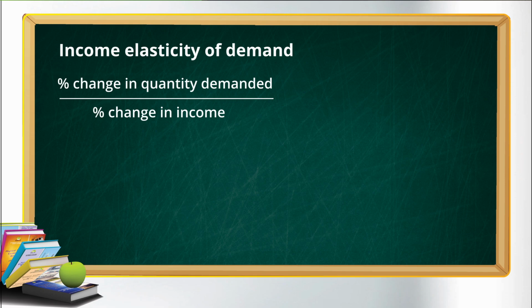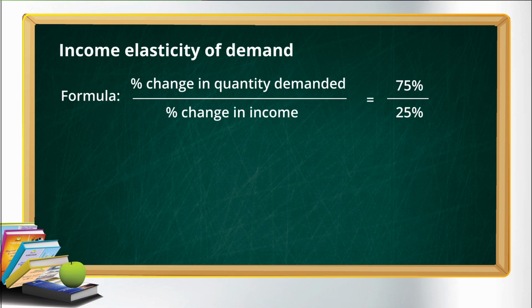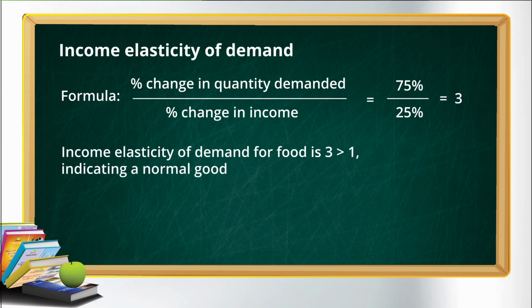We have to divide the percentage change in quantity demanded, which is 75%, by the percentage change in income of 25%. So, we put the 75% over the 25% and get an answer of income elasticity of 3 for food. This is more than 1, so that food is clearly a normal good. It is quite safe for the business to keep producing food. They will still make their profit.